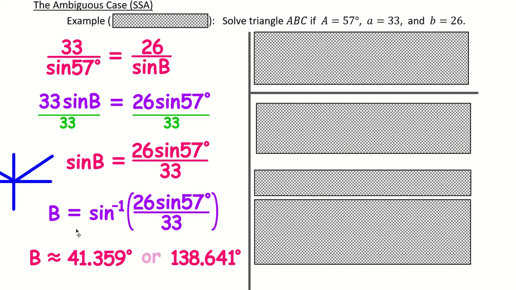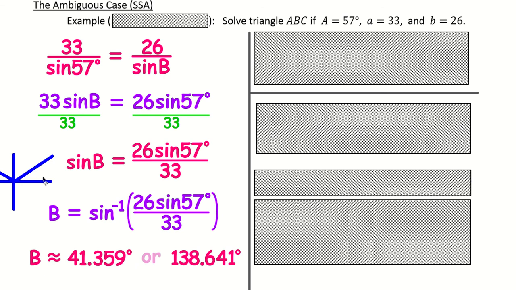Sorry, I know I'm going a little bit off the screen here. Anyway, if this angle in quadrant 1 is 41.359 degrees, then the reference angle over here for the quadrant 2 answer also needs to be 41.359 degrees.